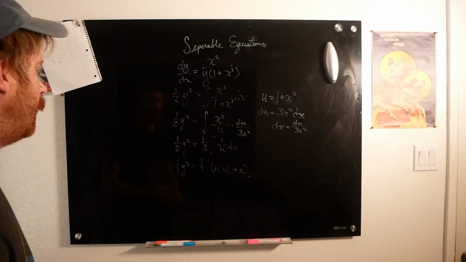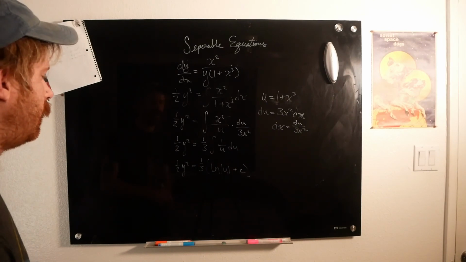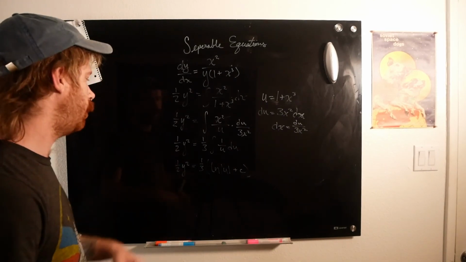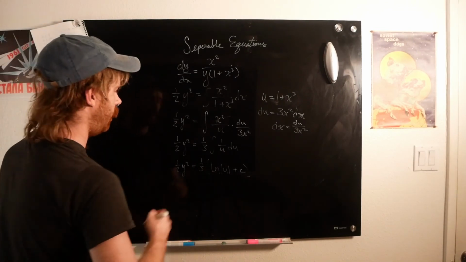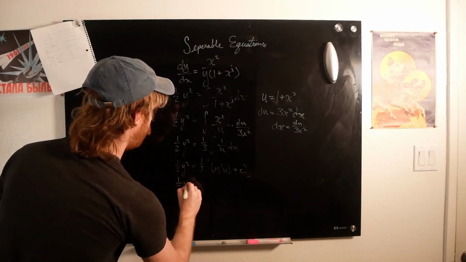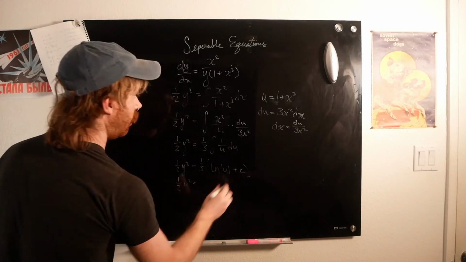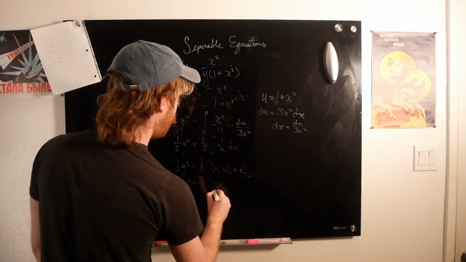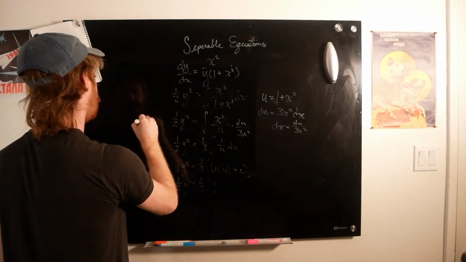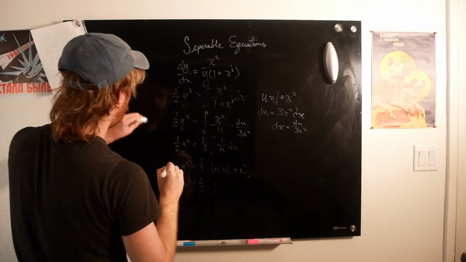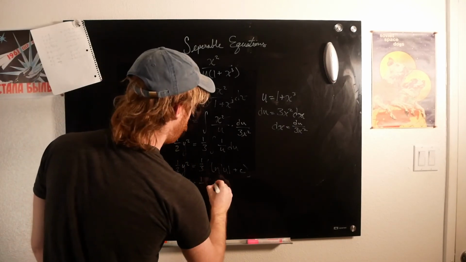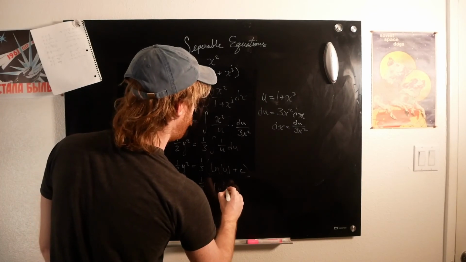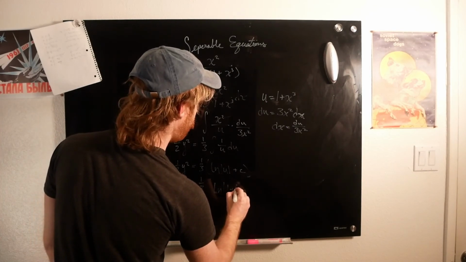So now let's plug u in, which is 1 plus x cubed. So 1 over 3 natural log of 1 plus x cubed.